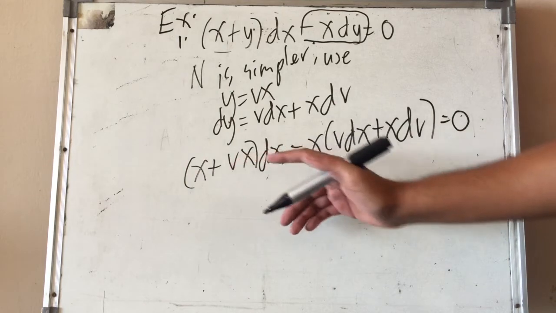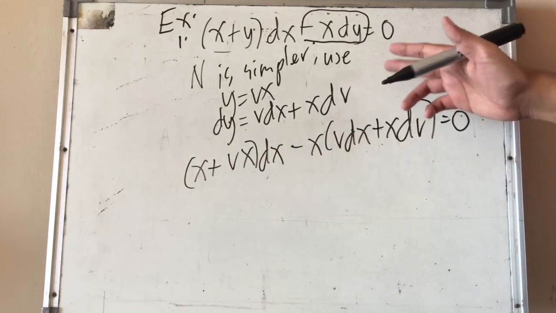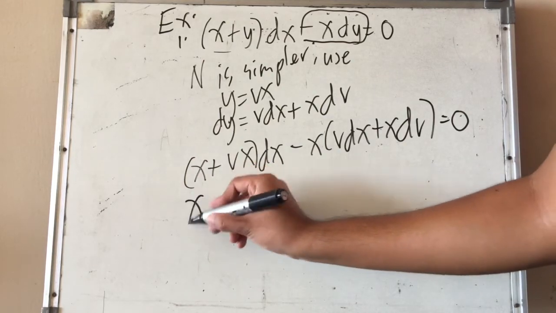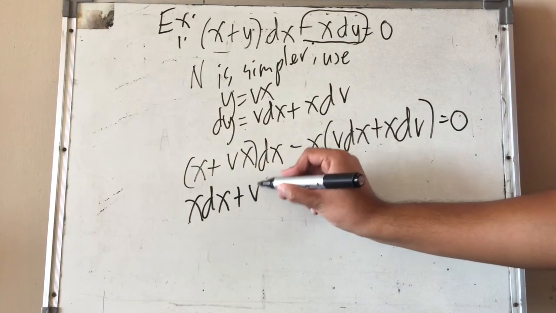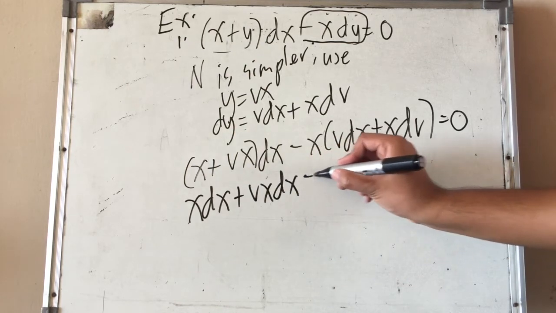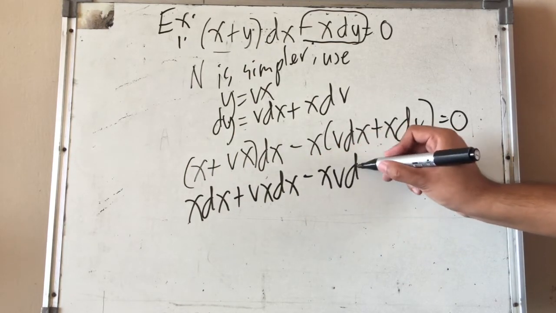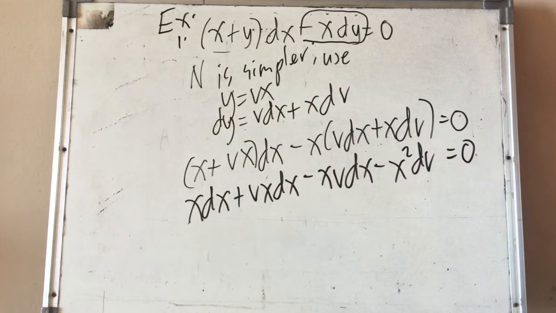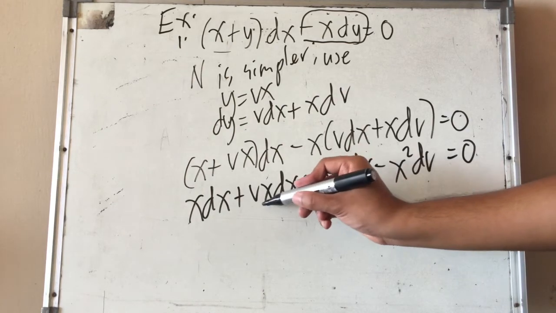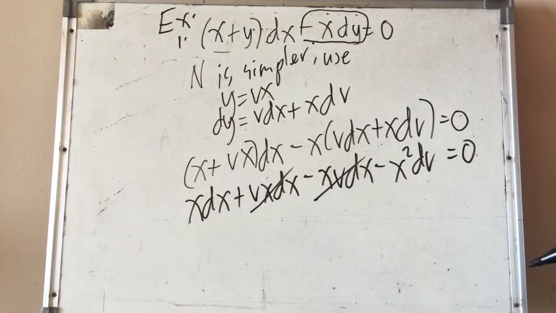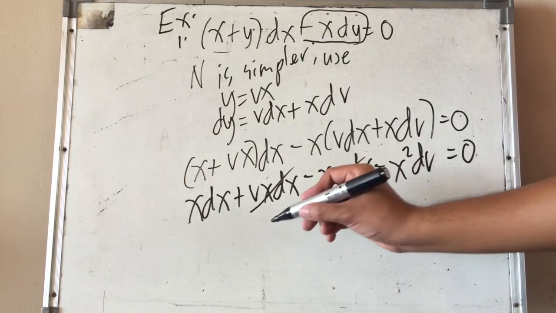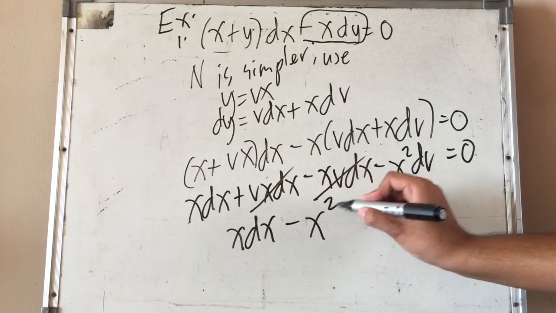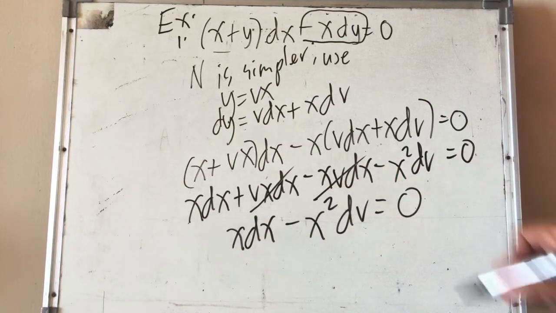So after substituting y and dy, we simplify the equation: x dx plus vx dx minus xv dx minus x squared dv equals 0. Cancelling out vx dx and minus xv dx, we have x dx minus x squared dv is equal to 0.